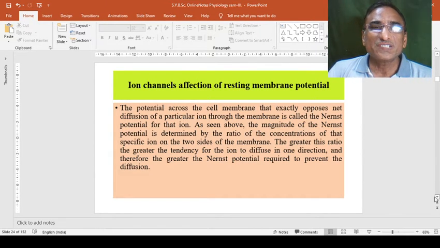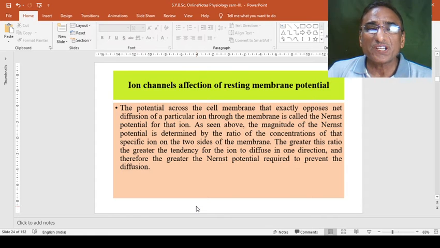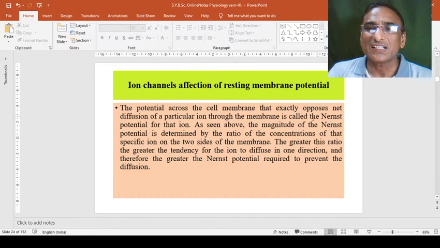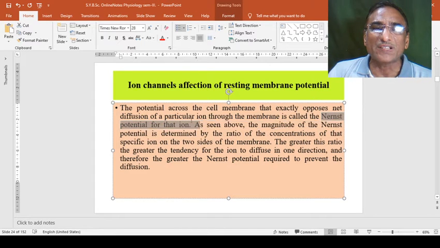Again, we will continue to see the ion effect on the resting membrane potential. Generally, the potential across the cell membrane that exactly opposes net diffusion of a particular ion through the membrane is called the Nernst potential for that ion, whether it is sodium, potassium, or any other.